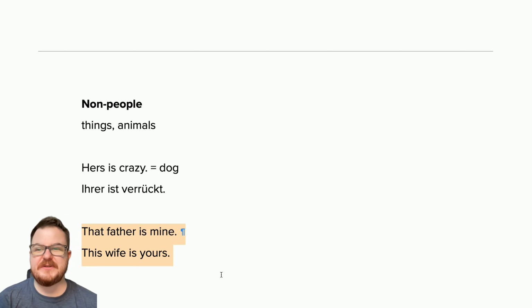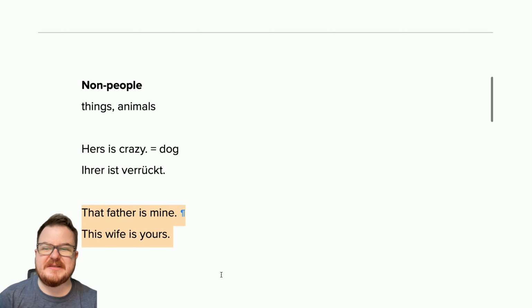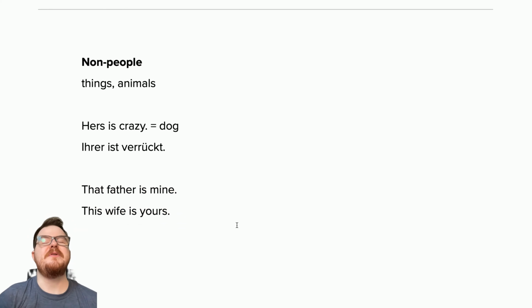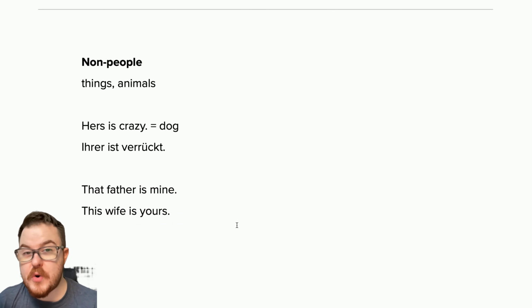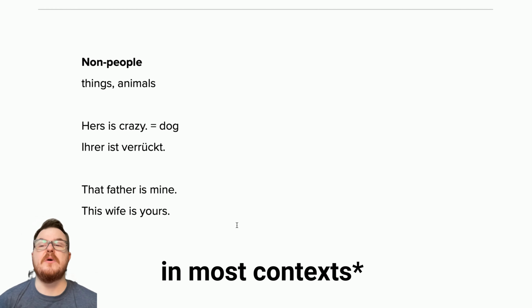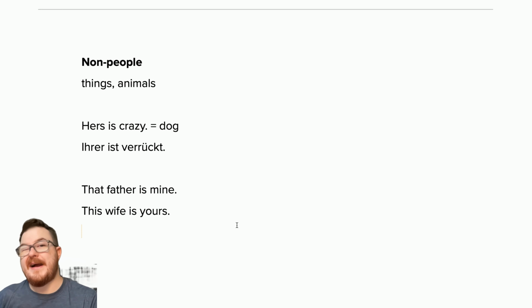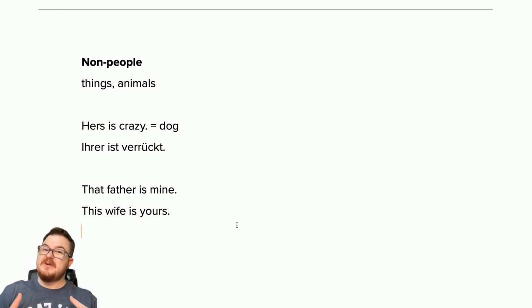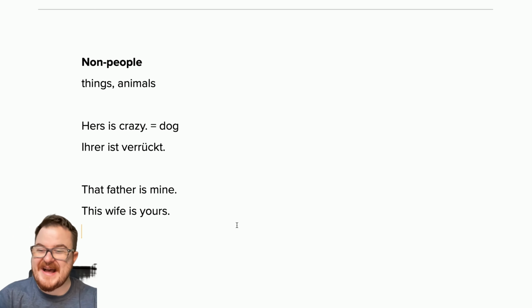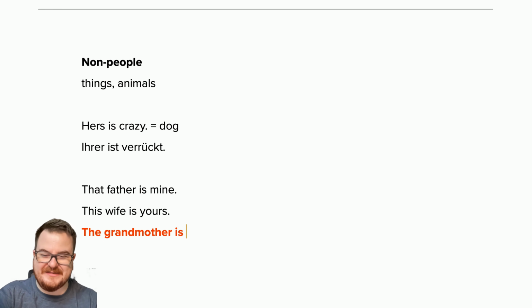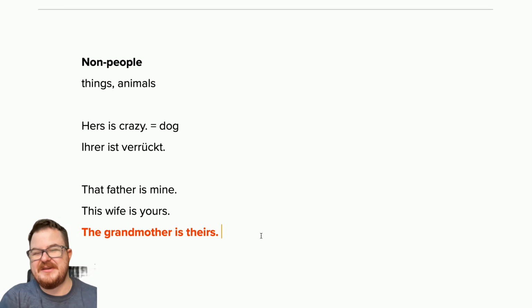So yeah, just bear that in mind as a bit of a rule. So if we're using possessive pronouns, you can only replace physical things or abstract ideas or animals, but not people. I can't give you examples. The grandmother is theirs.